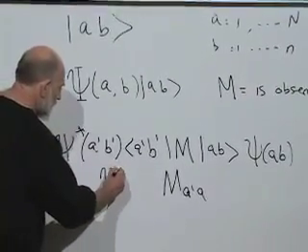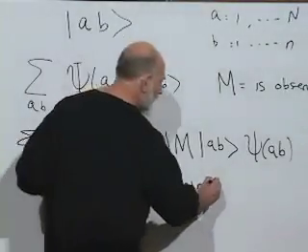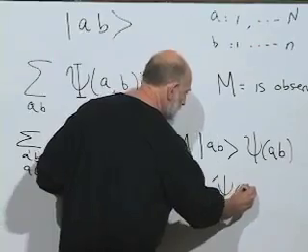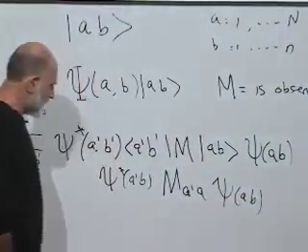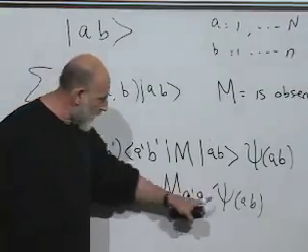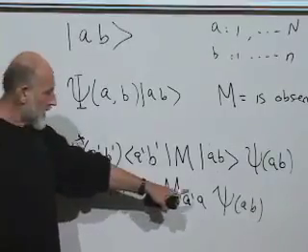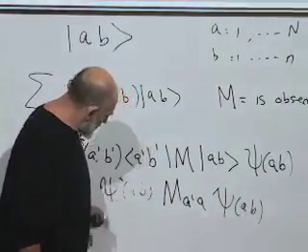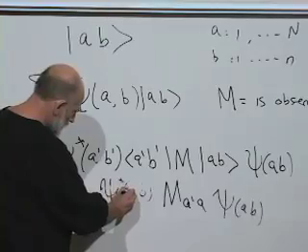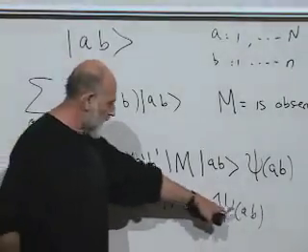Psi star of A prime B, psi of AB. All right. Notice on the left we have psi star of A prime, psi of A, but as far as B goes, B hasn't changed.